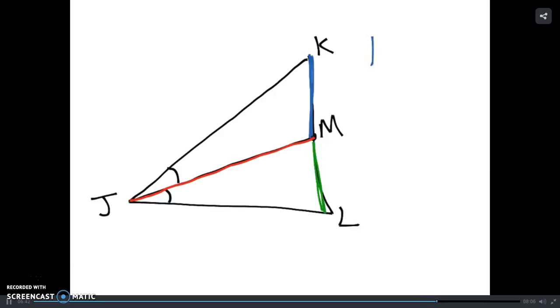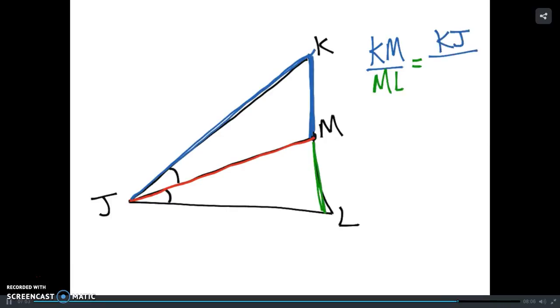And so we are able to say KM is proportional to ML, and that would be equal to the two sides. Now, when we're matching these up, you'll notice KM is up here at the top, and the side of the triangle that touches that piece is over here. It is KJ, so it has to go on top where KM was.